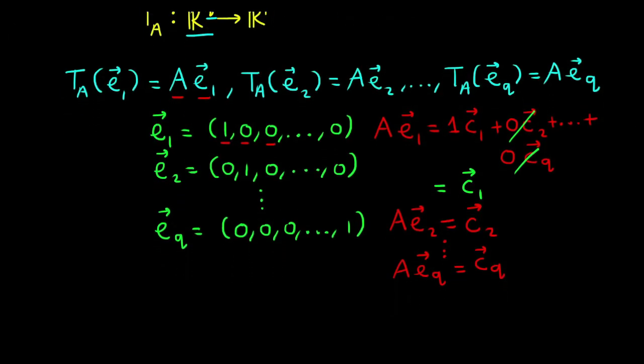Therefore the transformation matrix A is obtained by augmenting the transformations of the standard basis vectors in each column.